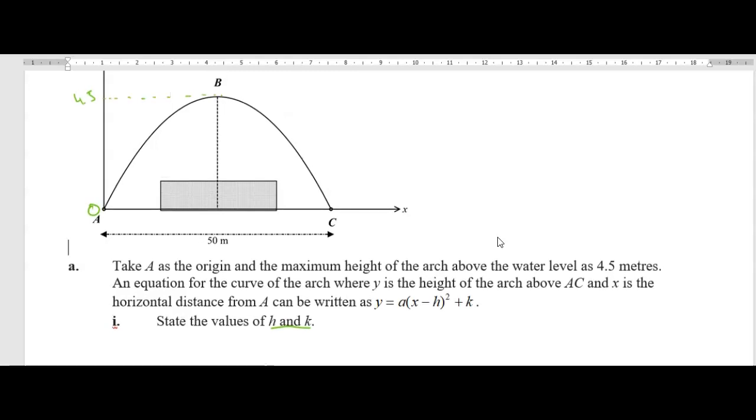So we want to know the coordinates of this point here. We already know the y coordinate is 4.5. And the x coordinate, because the distance between A and C is 50, that means x is just halfway, which is 25. So our coordinates are going to be 25, 4.5. So h equals 25, k equals 4.5.